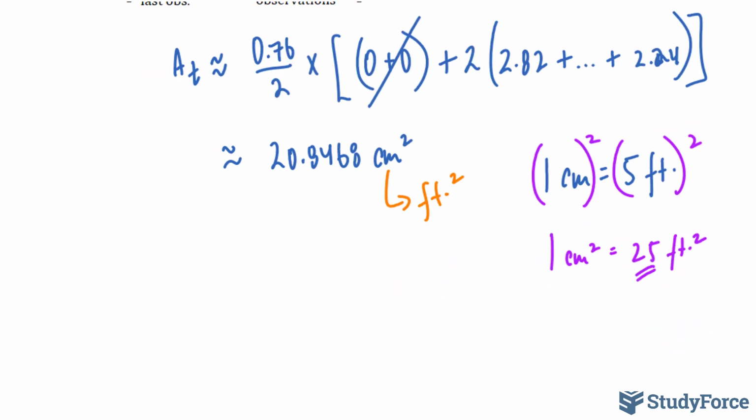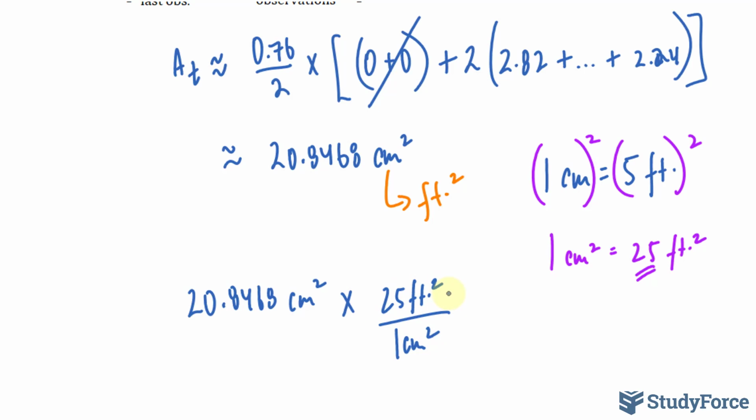So this is an exercise of converting. We have 20.8468 centimeters squared. We will now multiply this to 1 centimeter squared as the denominator and 25 feet squared as the numerator. And you can convert this any way you like.